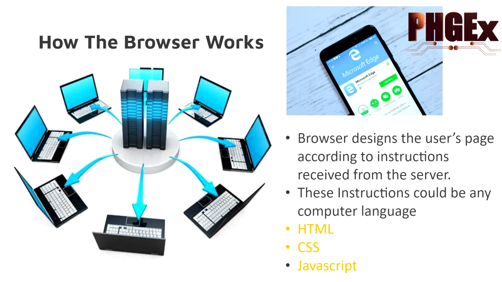It is based on the instructions received by the browser that your computer draws out your web page. So the server will tell your browser there is a button on the left which is green. There's a picture which has a size of, let's say, 20 pixels by 40 pixels on the top right corner.